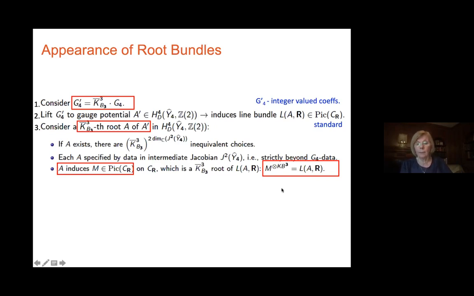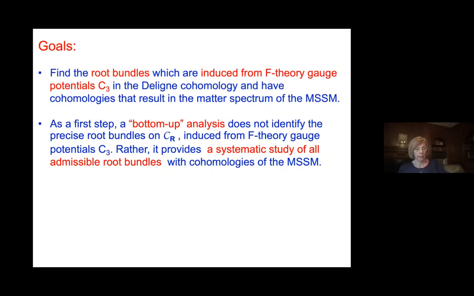So this is basically the appearance of these root bundles. An ambitious goal would be to really find the precise root bundles that are induced from F-theory C3 potentials via the linear cohomologies. But this is very hard.